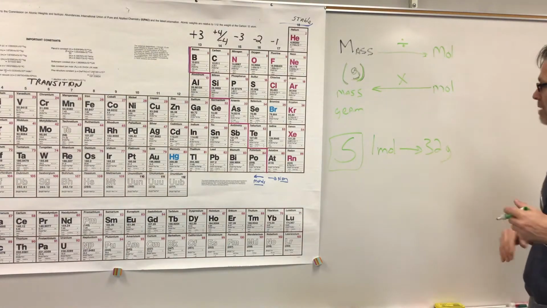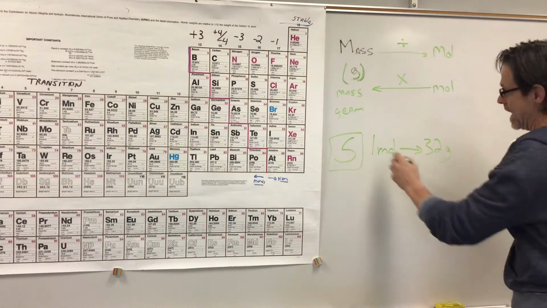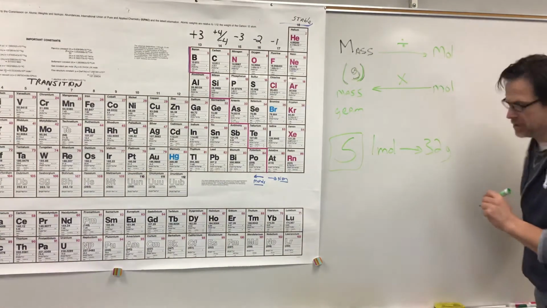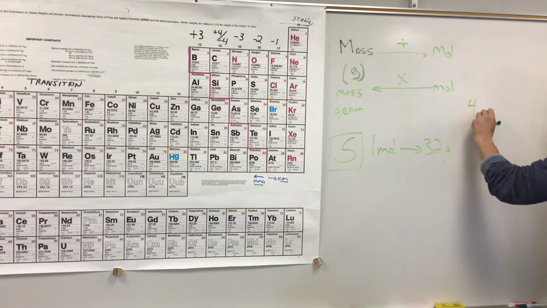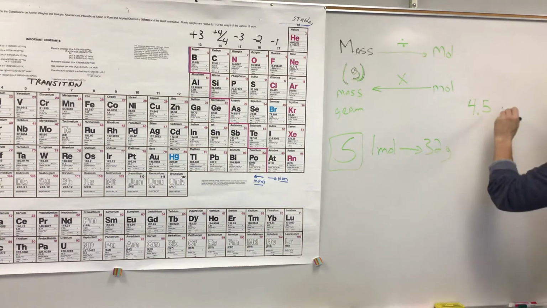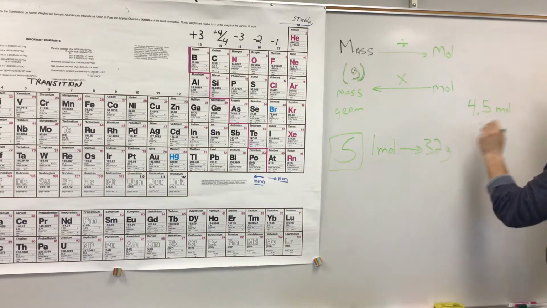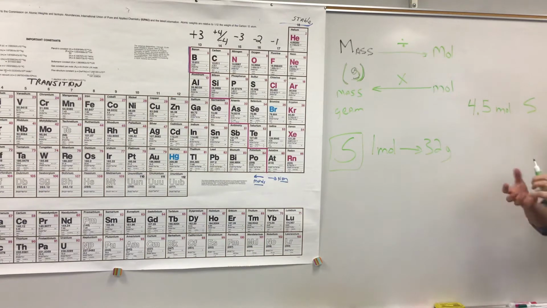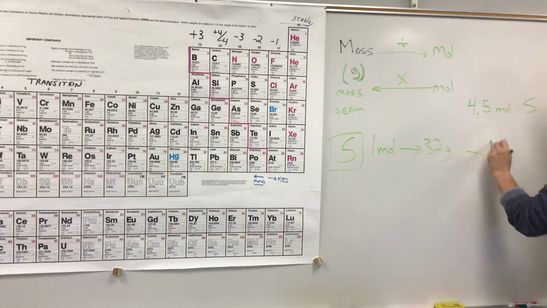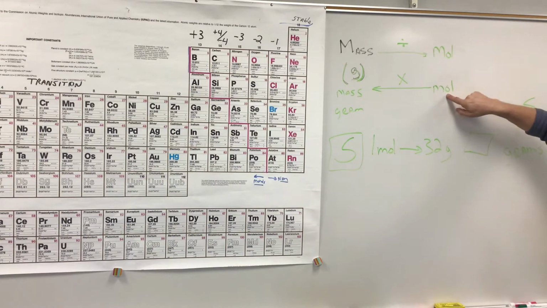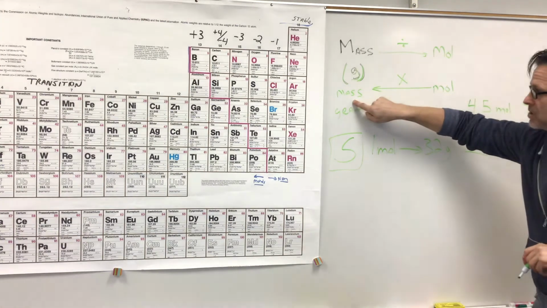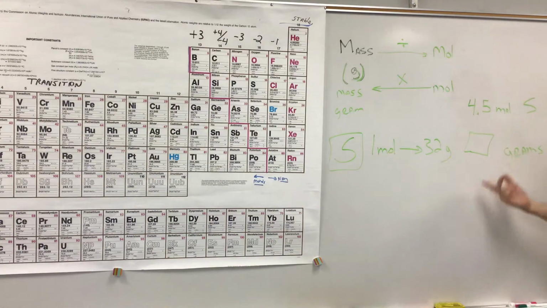So what I would be asking is, if I had 4.5 moles of sulfur in a sample, and I wanted to know how much it is in grams. I have moles, I'm going to mass, so it's going to be a simple times problem.